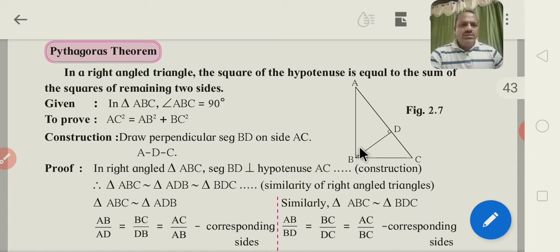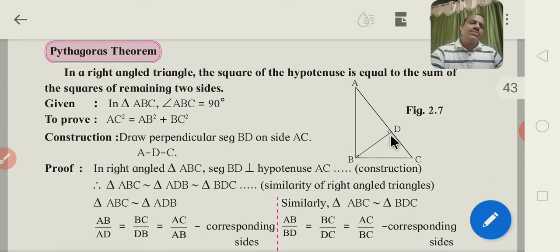Then to prove: AC square is equal to AB square plus BC square, meaning the hypotenuse square is equal to the sum of the squares of the remaining two sides, AB square plus BC square. Then construction: draw the perpendicular segment BD on the side AC. This is the hypotenuse, and on this hypotenuse the segment BD is a perpendicular.